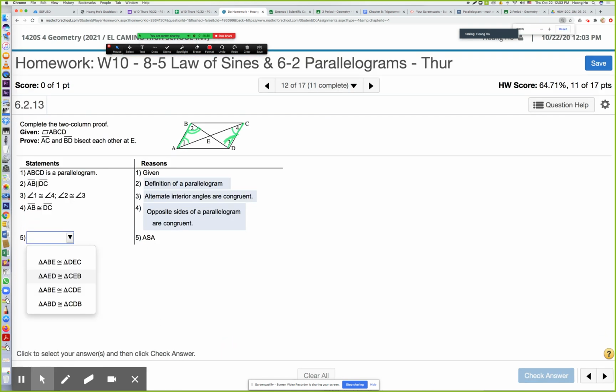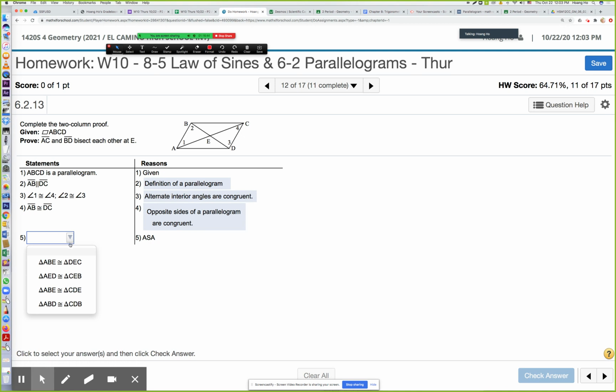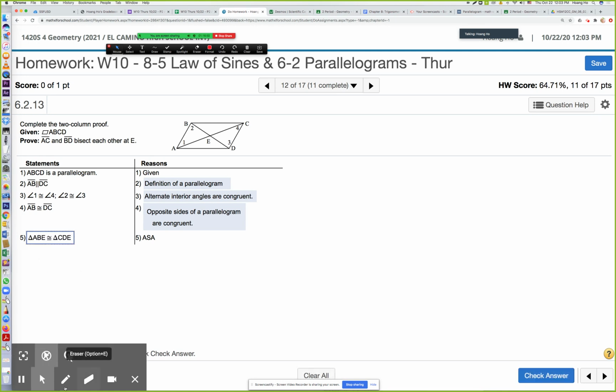Let me clear this for a second. Okay, ABE goes with CDE. The names have to correspond right here. So that is the correct choice.